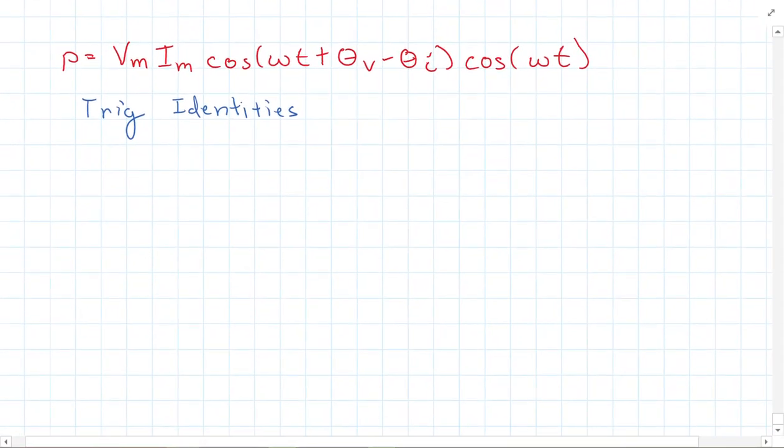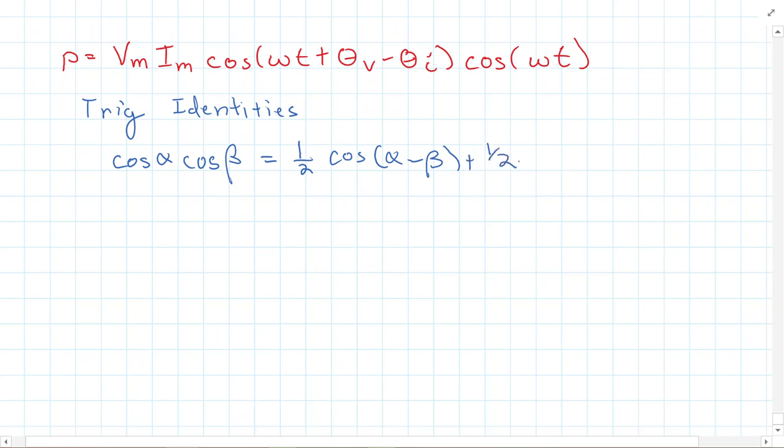The trig identity I'm going to use here is that the cosine of alpha times the cosine of beta is equal to 1/2 cosine of alpha minus beta plus 1/2 cosine of alpha plus beta.